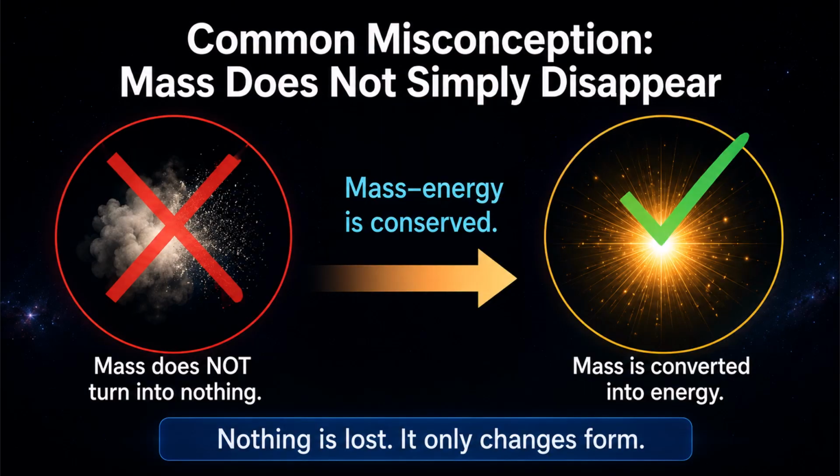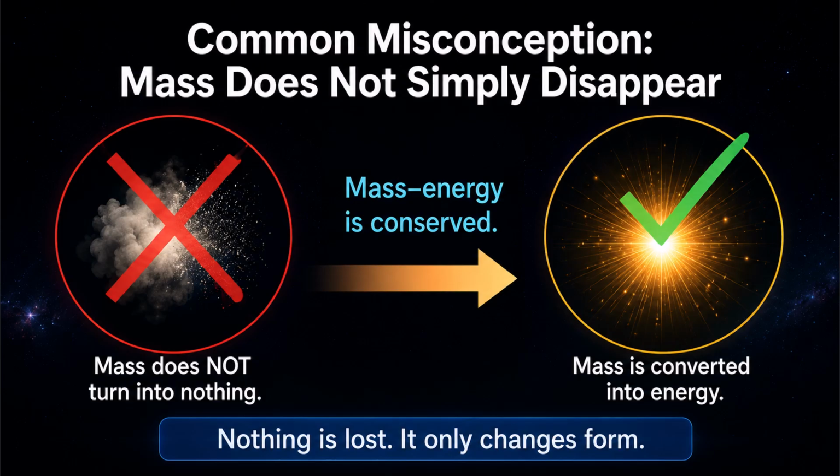A common misunderstanding is that mass simply disappears in nuclear reactions. That is not the best way to think about it. Mass and energy are part of a larger conservation principle. When mass decreases in one form, energy appears in another form. The total mass energy is still accounted for.